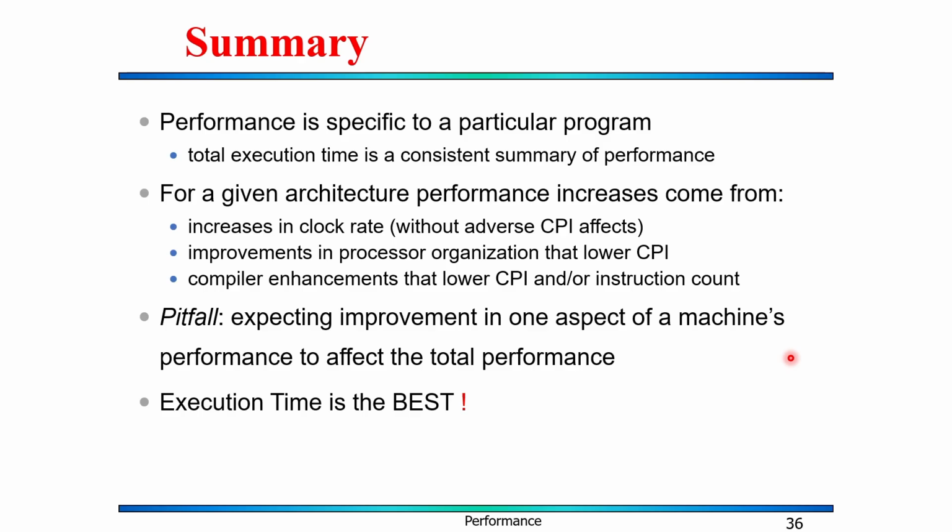All factors are interconnected. And remember, execution time is the best measure. It captures the combined effect of instruction count, CPI, and the clock rate. So if execution time goes down, performance has improved regardless of what happened to the individual factors.